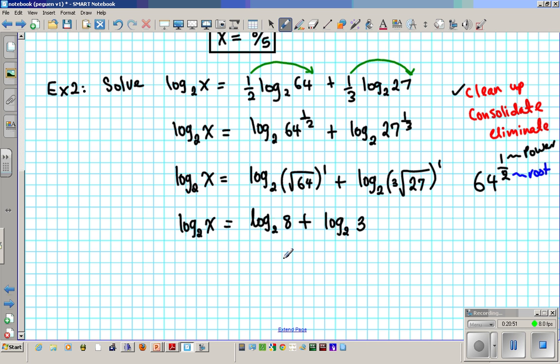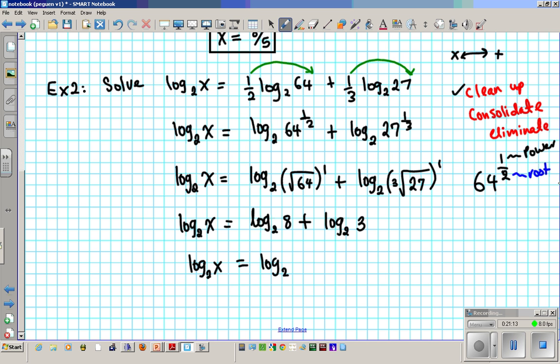Yay. Now let's consolidate. To consolidate, remember when you're adding logs, what are you doing in the real world? You're multiplying. Addition of logs is multiplying in the real world. So let's consolidate using that rule. Bring down the left side. It's going to be log base 2.